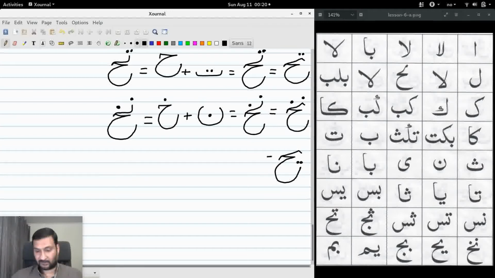So first I'll write a simplified form, which is this one, with two dots appearing here. Yeah, this is very beautiful actually. I should pat myself on the back. Ya. This is made up of two letters, ya and ha. Ya ha.